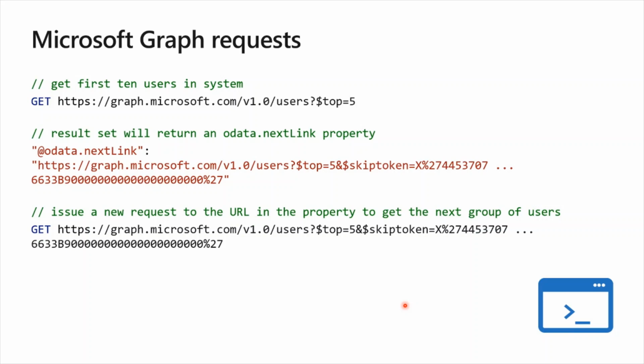When a result set spans multiple pages, Microsoft Graph returns an OData next link property in the response that contains a URL to the next page of the results, and then you can use that. So you send a request, then you get the OData next link with this URL, and then you can get it.